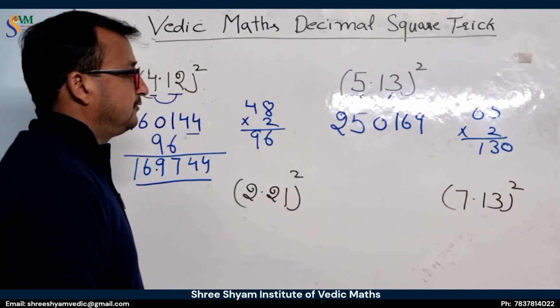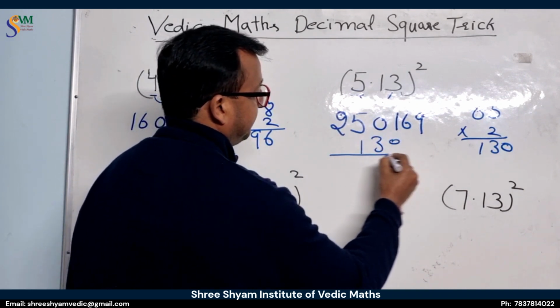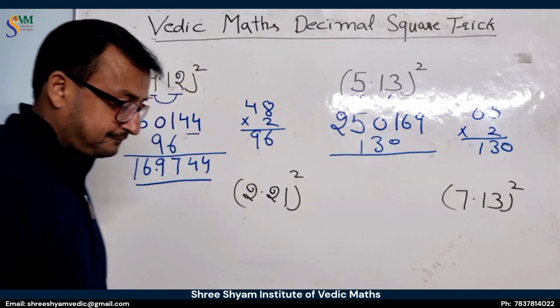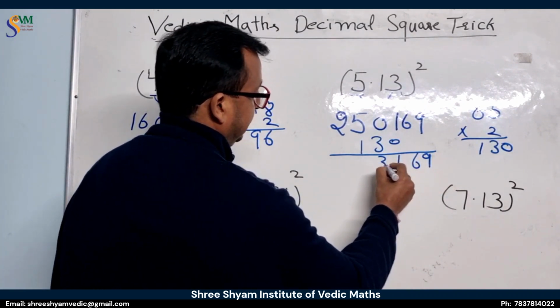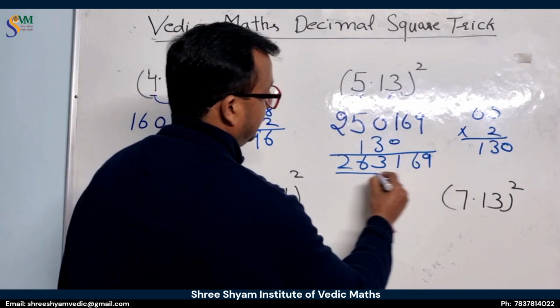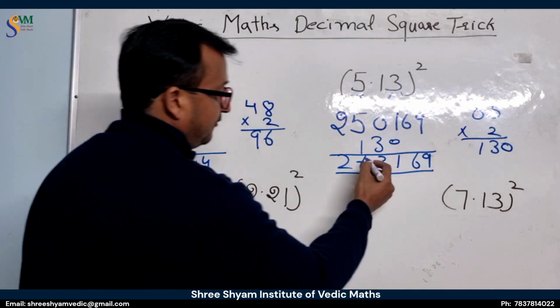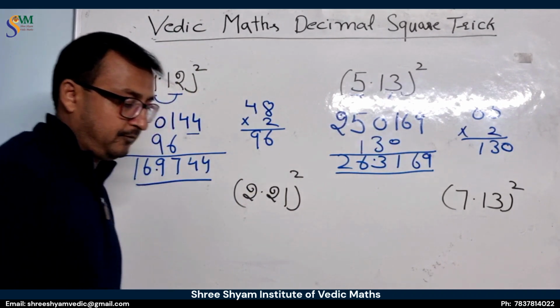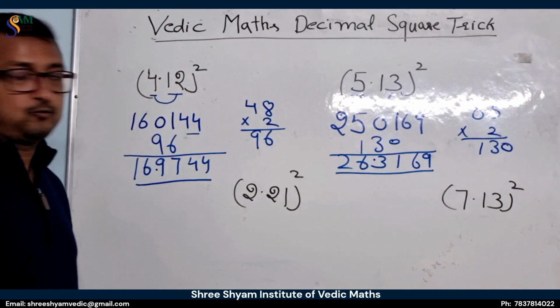Add this 130, leaving these two digits. Their answer will be 2,631,69 if it is not a decimal. But once there is a decimal, we write 26.3169.